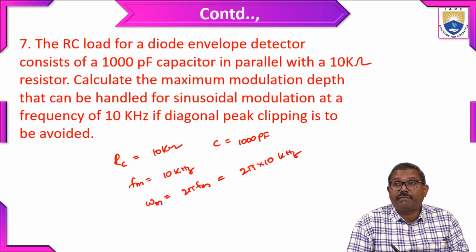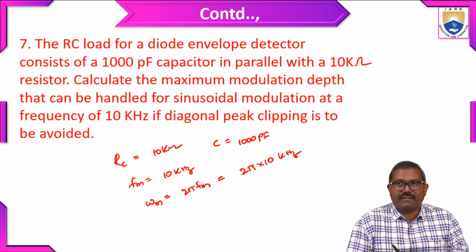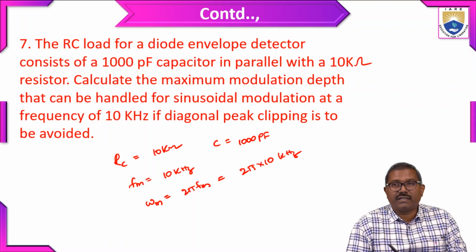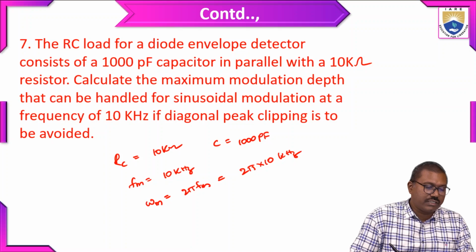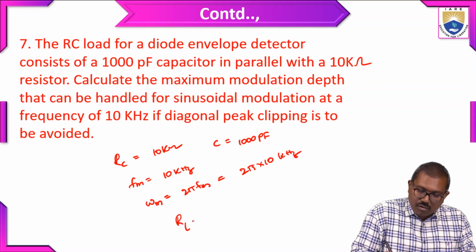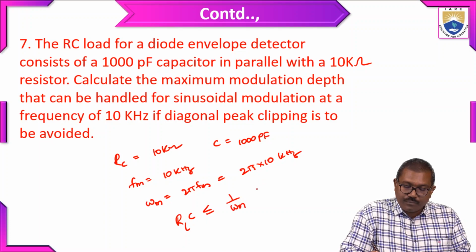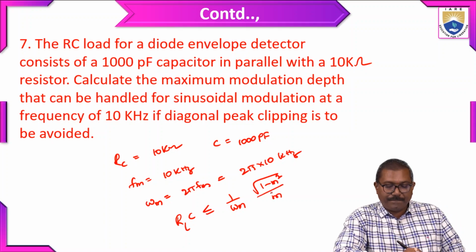So what is the formula for diagonal clipping? Diagonal peak clipping avoided. Okay, to avoid the diagonal clipping, the time constant is designed as RL C less than or equal to 1 by omega m square root of 1 minus m square divided by m.